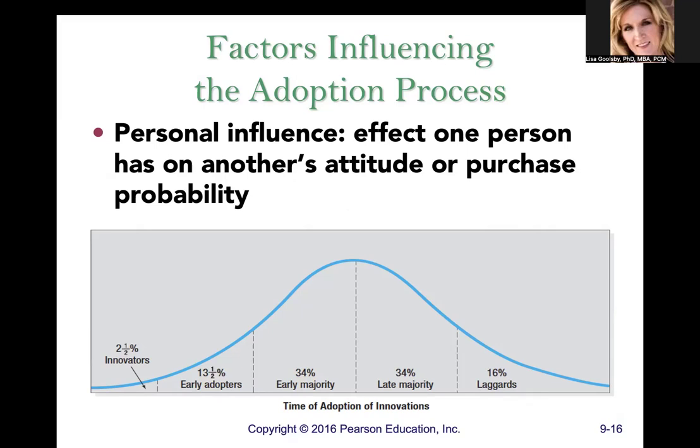Why is this graphic important? Well, it's important to understand from a sales perspective what you can expect to see when your product hits the market and how consumers adopt that product.